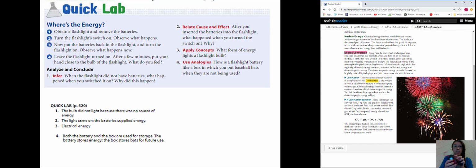All right, so we've taken out the batteries. And now we'll try to turn it back on and see if there's any leftover energy. Nope, no energy. All right, so now we'll go ahead and place the batteries back in the flashlight. And we can see that it is working again.